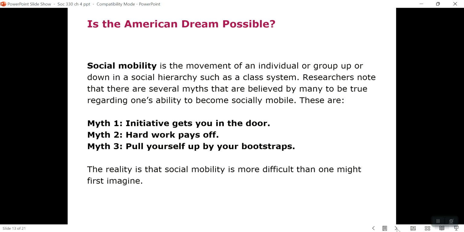That's not how those people get those jobs. It's who they know that helps them get those jobs. So it's not really true that initiative is going to do it.